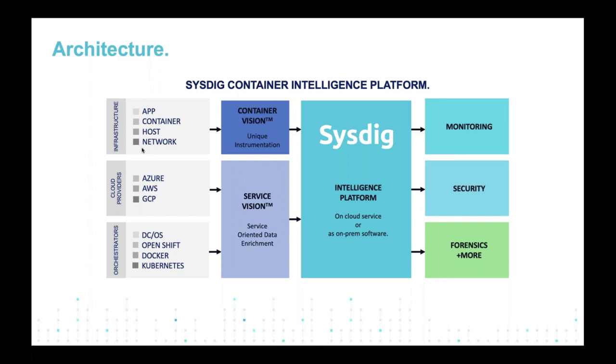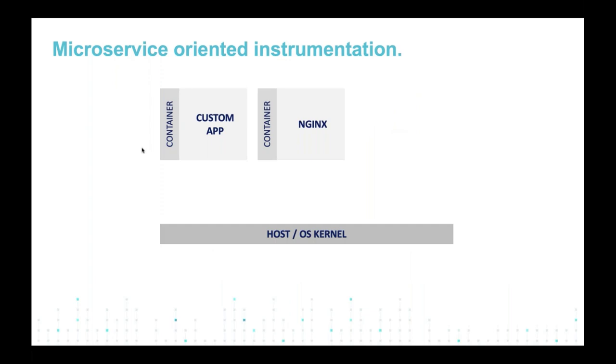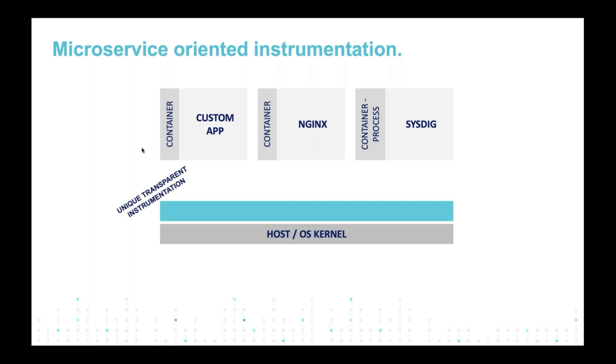Diving a little bit deeper, the way Sysdig works is that on a host OS, you have multiple applications and containers running, and Sysdig can run as a privileged container or a root process on that same host, and essentially install a kernel module that modifies the kernel to send every single system call traversing that kernel to our agent.